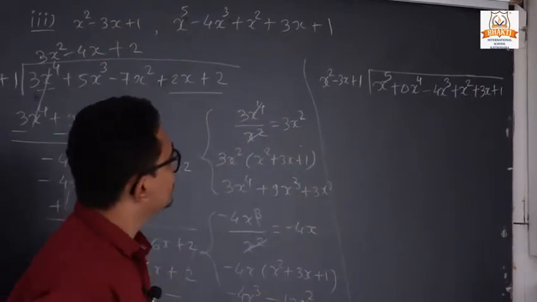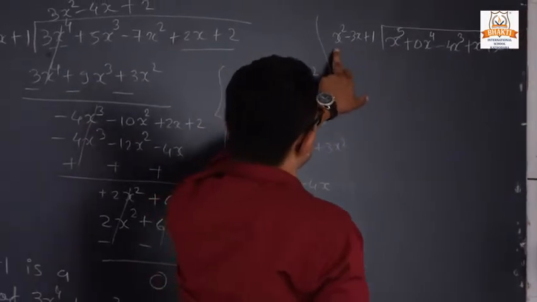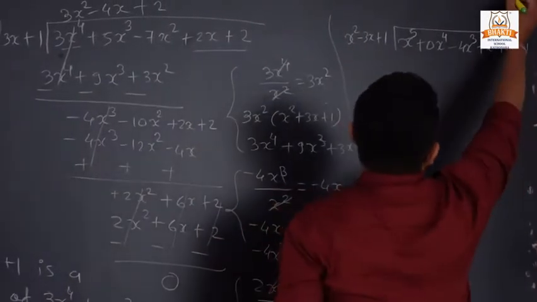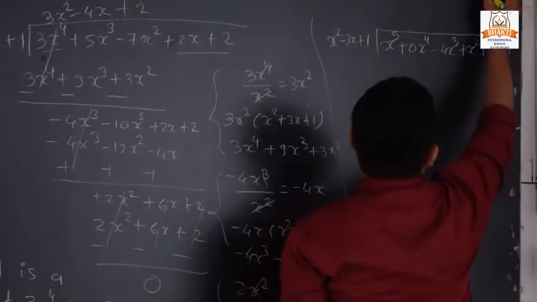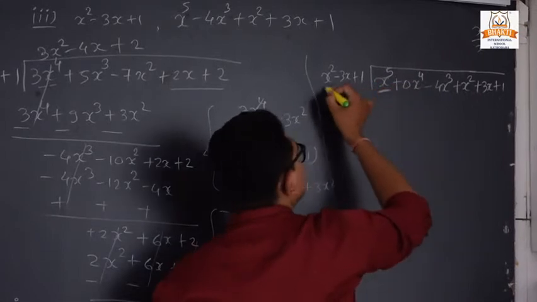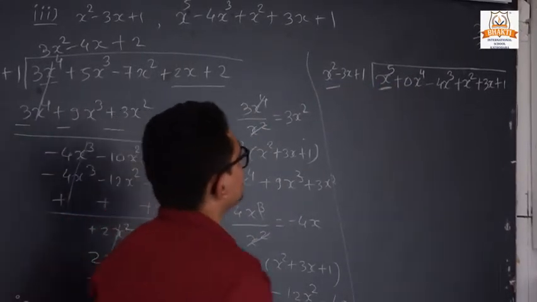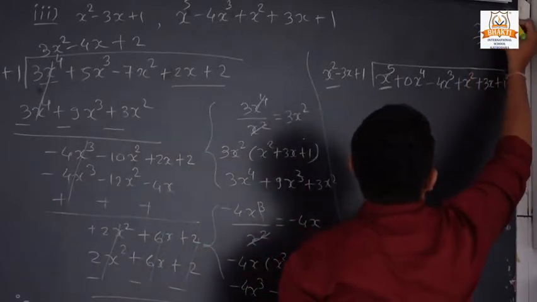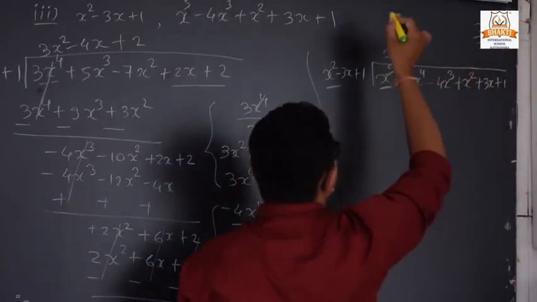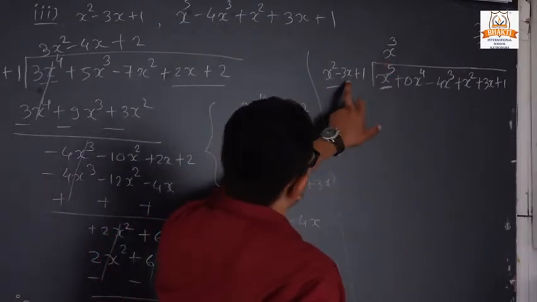So next, first of all we follow that procedure: x raised to 5 is divided by x square. First term of the dividend is divided by the first term of the divisor. So here we get x cube, so we write x cube. Now x cube is multiplied with all this.